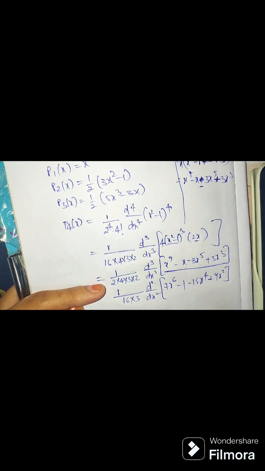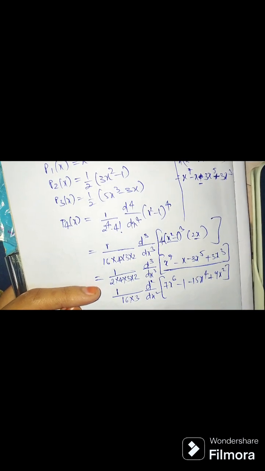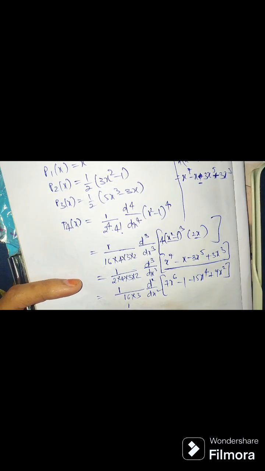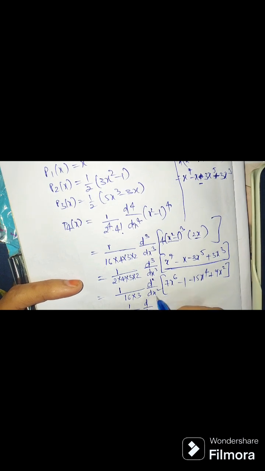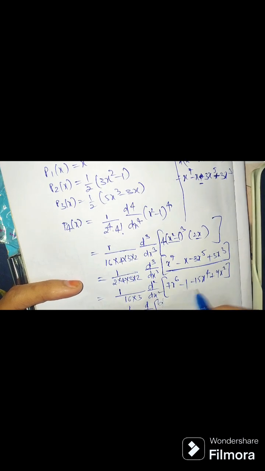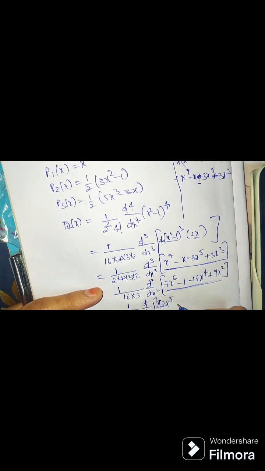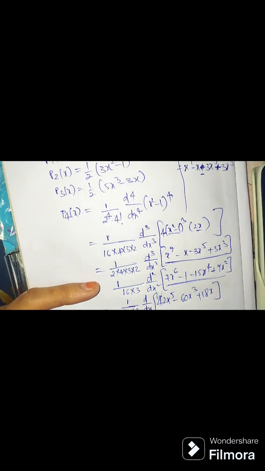Now 1 by 16 into 3. Another derivative we'll find, d by dx. So we'll find one more derivative. 42x power 5. This is 0. Here minus 60x cube. And here will be 18x. Okay. Now if I take x common here.